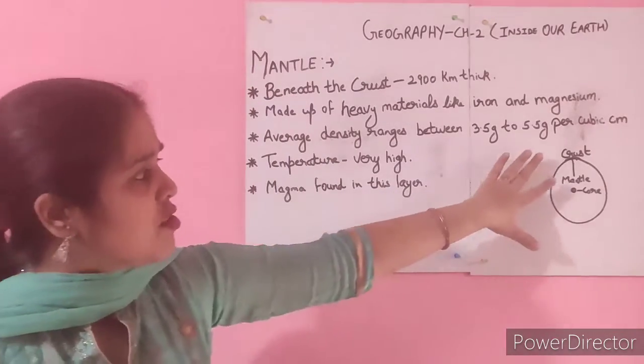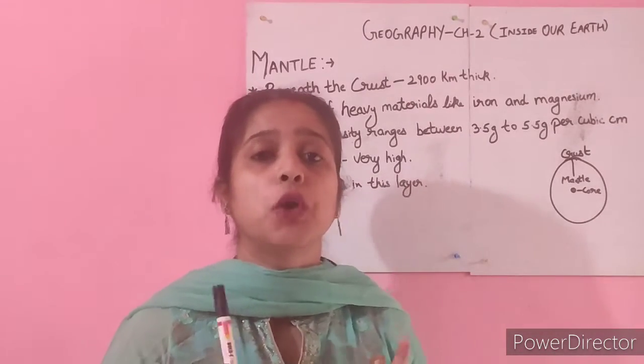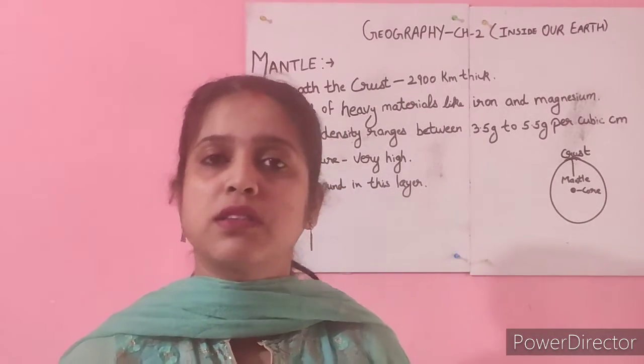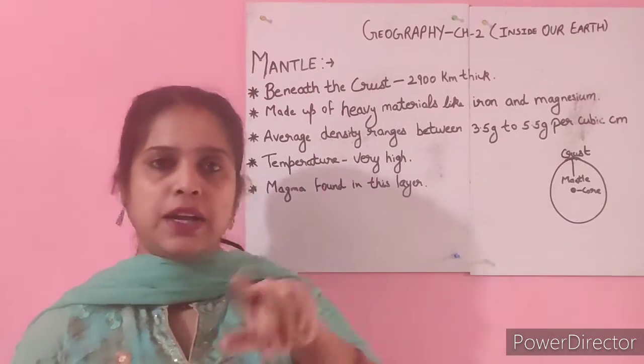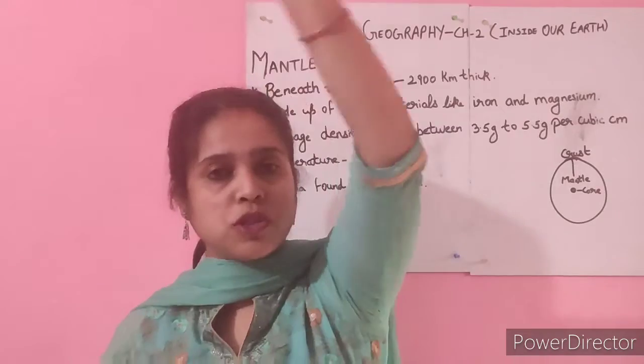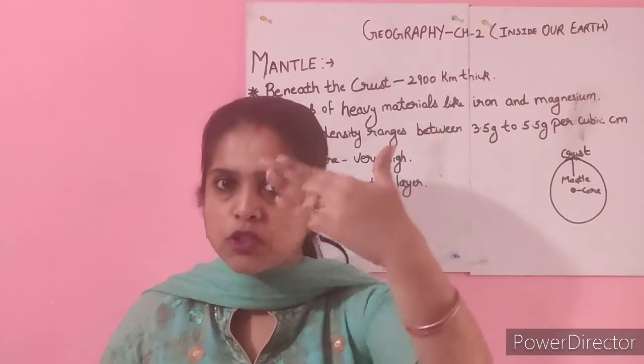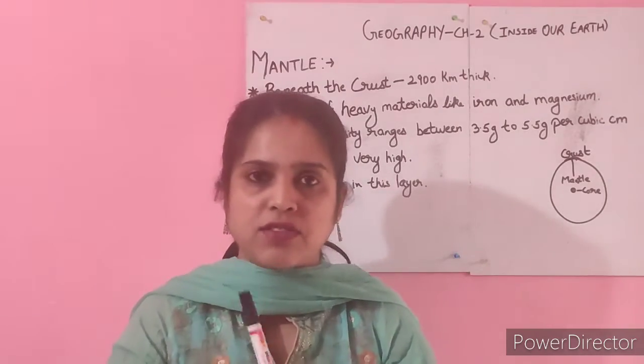Now, just beneath the crust we have the mantle, which is 2900 kilometer thick. Clear? I told you, as this is the earth structure, the outer layer, which is the relatively thin layer out of all the 3 layers, is the crust.